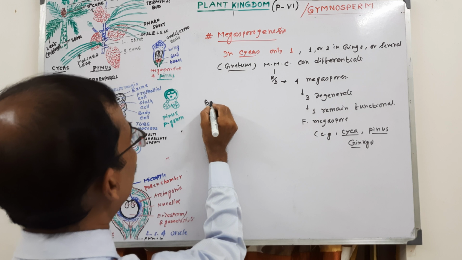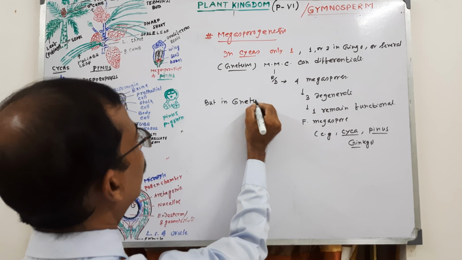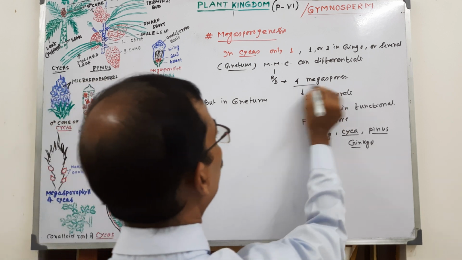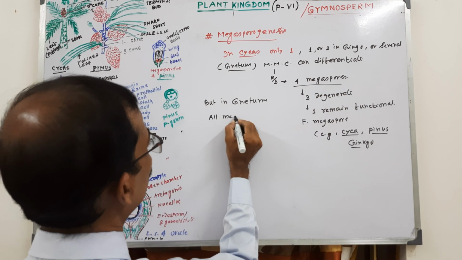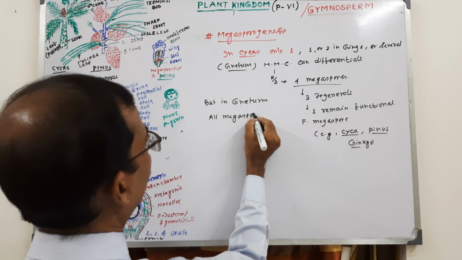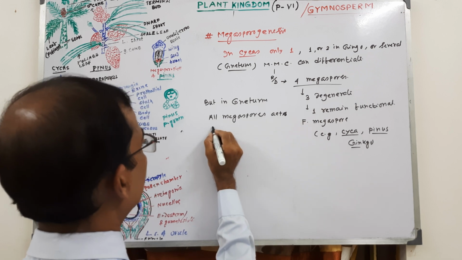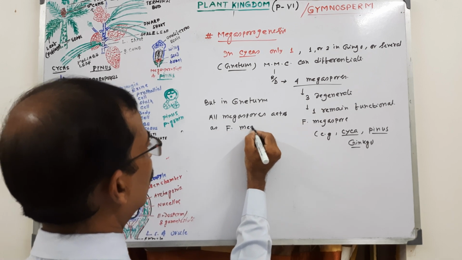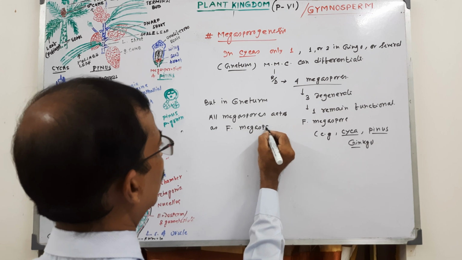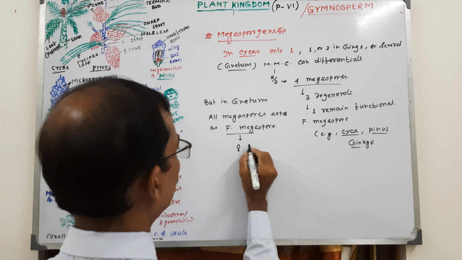But in Gnetum, out of four megaspores, all act as functional megaspores. These functional megaspores form the female gametophyte.